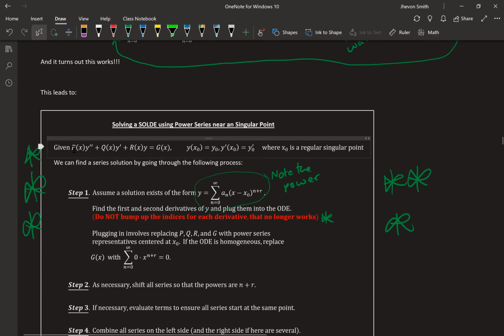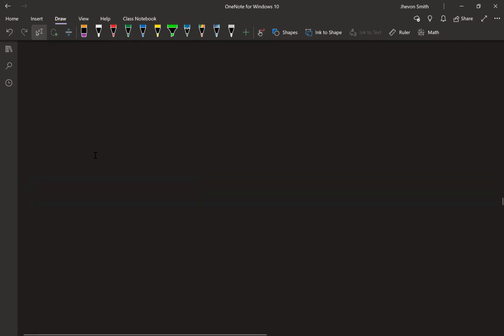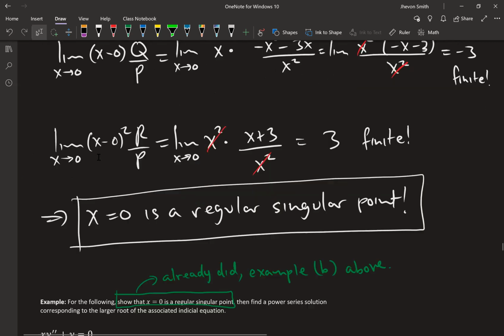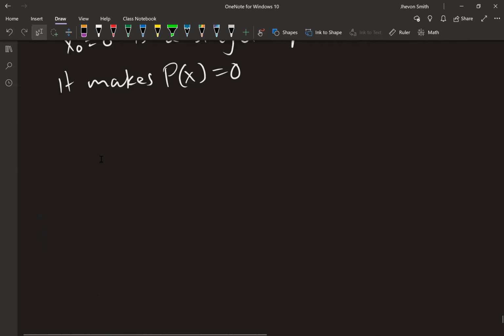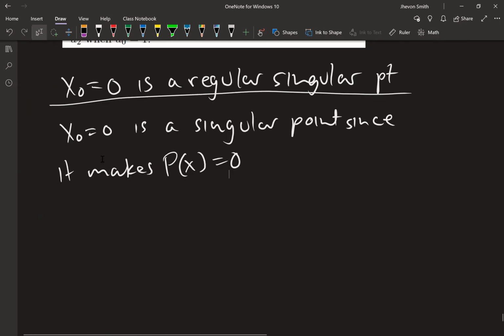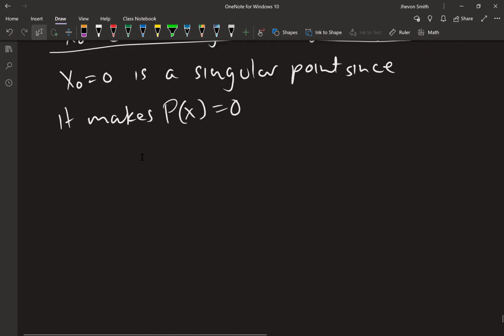Anything that makes that function 0, we call a singular point. If it's regular, it means that it obeys these two limits, which means that we can look at it in some sense as some kind of degenerate Euler equation, which we introduced last time.